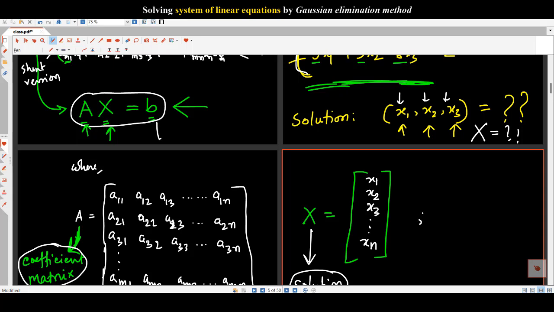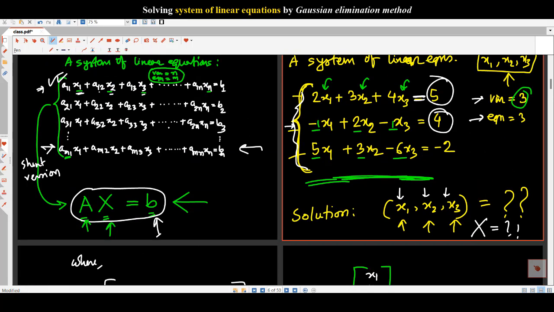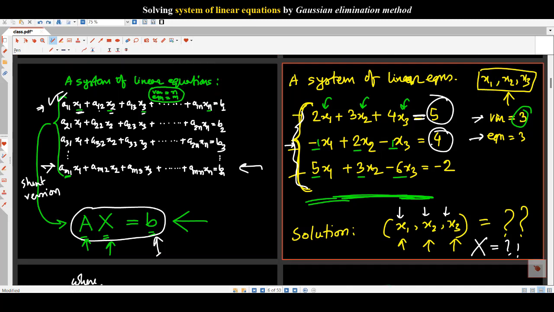Now what about B? B is actually the right side values that you can see, B1, B2, B3 up to Bn or Bm. Have a look here, the example that you can see. If we think about 5, 4, minus 2, then that is the B matrix.